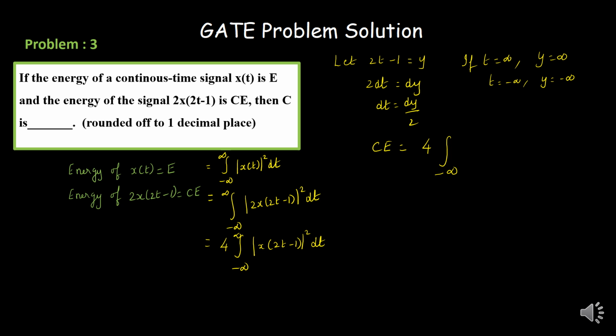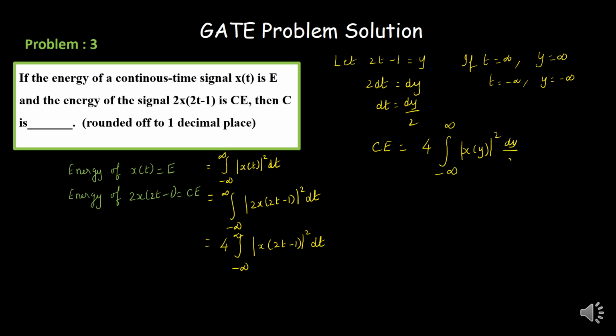So integral minus infinity to infinity, in the place of x of 2t minus 1, we are going to write x of y. Modulus of x of y whole square into, in the place of dt, I am going to replace that in the y variable.